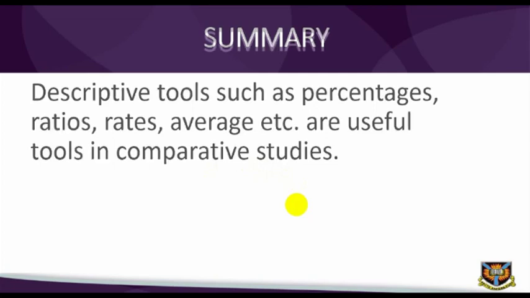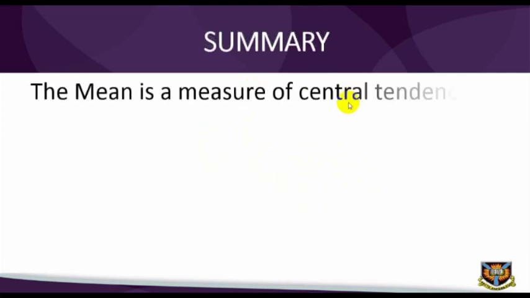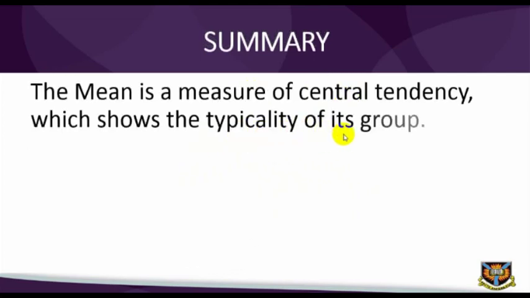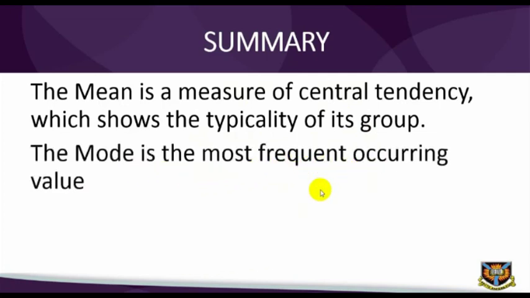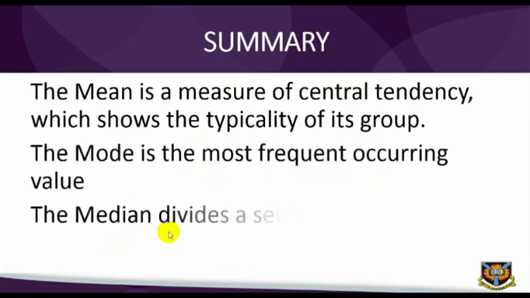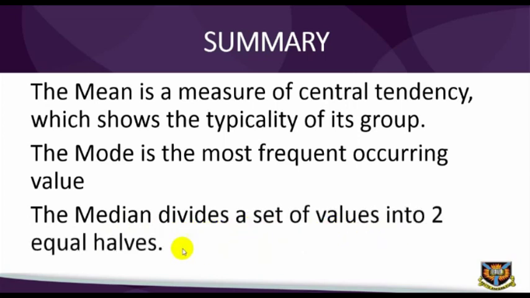The mean is a measure of central tendency which shows the typicality of its group. The mode is the most frequently occurring value, while the median divides a set of values into two equal halves. In the next lecture, we shall discuss the remaining aspect of descriptive statistics, that is, the measures of variation.